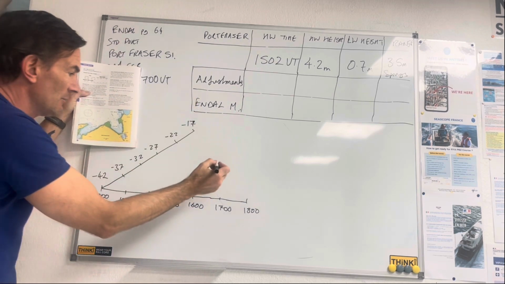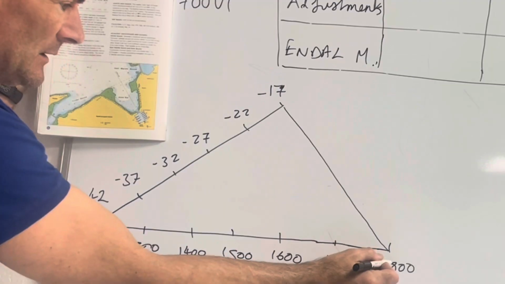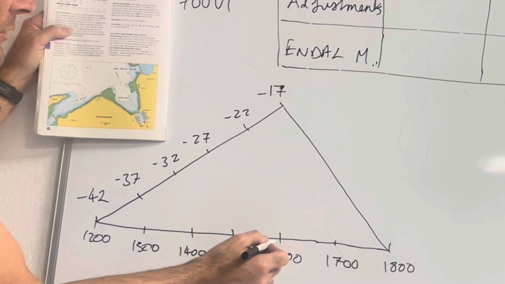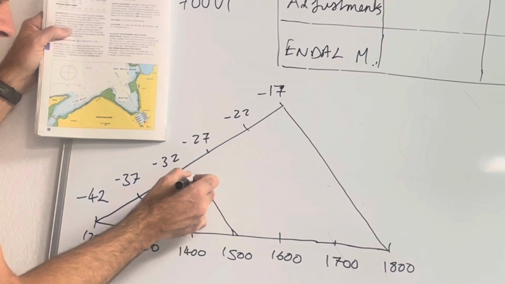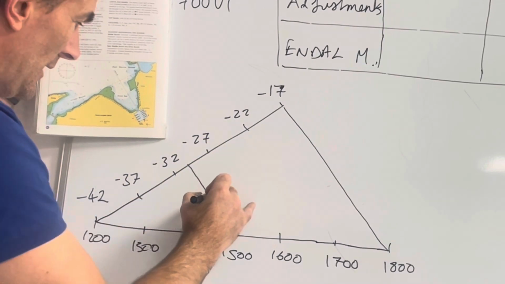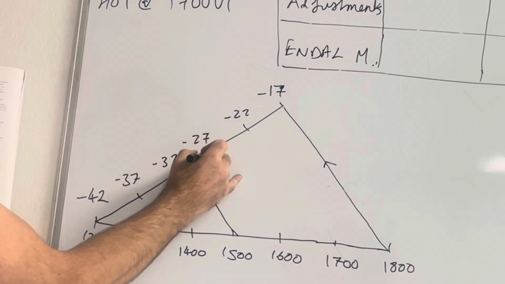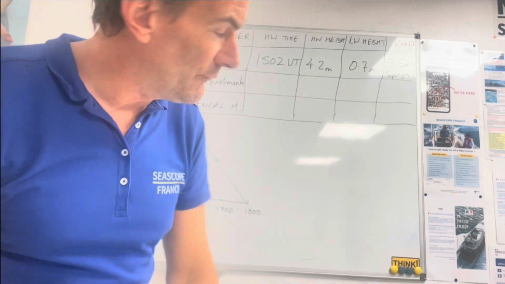Now, the idea of this is that we can connect this line to this time from this adjustment, and then any times here, we would draw in a line parallel to that line, which in this case would draw up here, giving us an adjustment there, which we would then interpolate in between those 5 minutes to give us an adjustment in Endal Marina of minus 30.